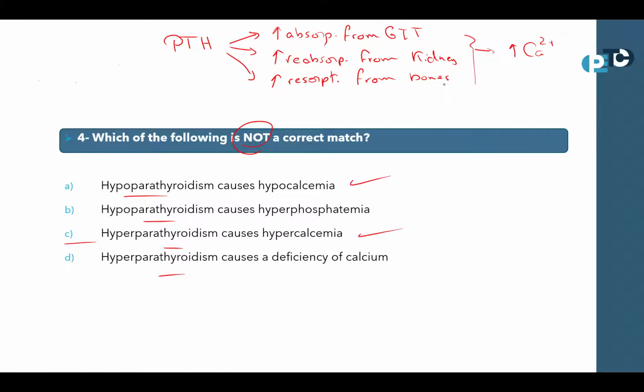Hypoparathyroidism causes hyperphosphatemia. Is it right or wrong? Let us see the relationship. Here we should know the relationship between calcium and phosphate. Both of them are opposite to each other because they will form a chelate with each other. So the increasing of calcium will decrease phosphate, and decreasing of calcium will increase phosphate, and vice versa. Each of them will affect the other.